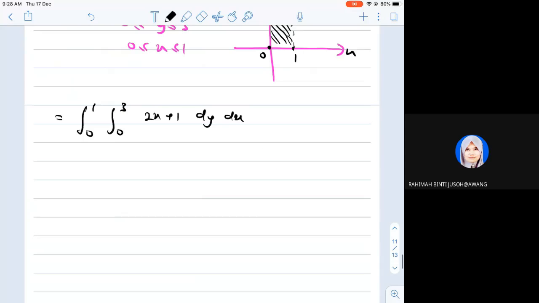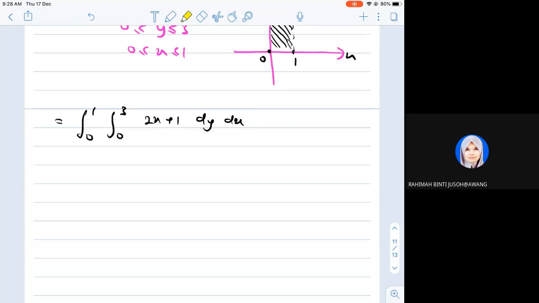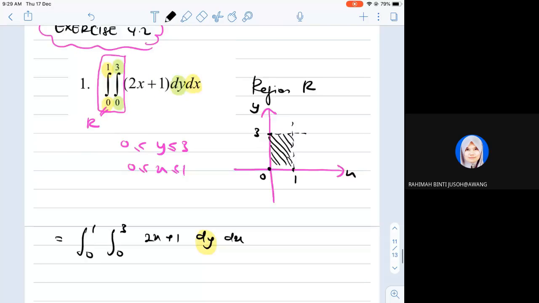Okay, now guys, you have to bear in mind that when you want to integrate with respect to y, x becomes constant. The same concept as in chapter 3, partial derivative. If we want to differentiate with respect to the y variable, therefore x is constant. The same thing happens here: when we integrate with respect to y, y is the variable, however x becomes constant.